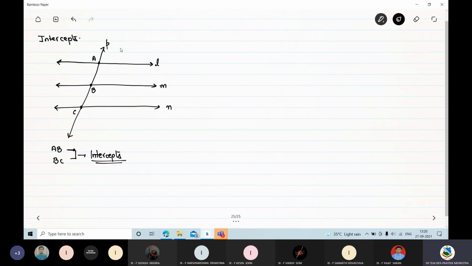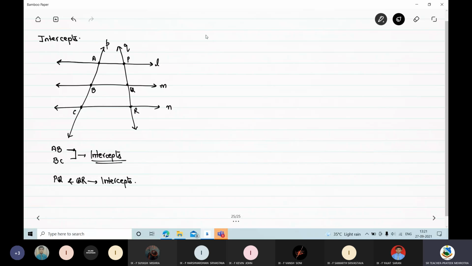If these lines are intersected by another transversal, let's say this is P, Q and R, then PQ and QR are called the intercepts. Is this clear to everyone? Yes, sir.